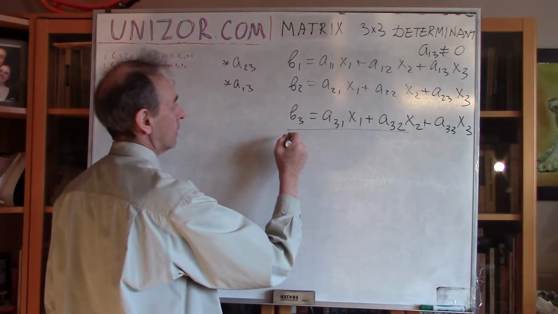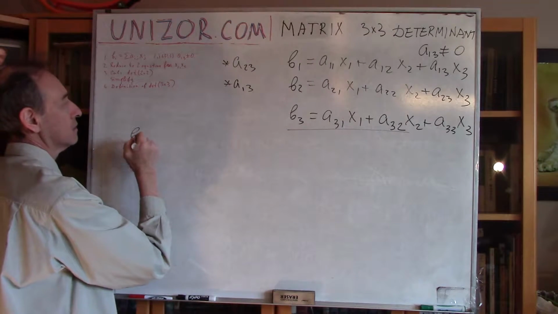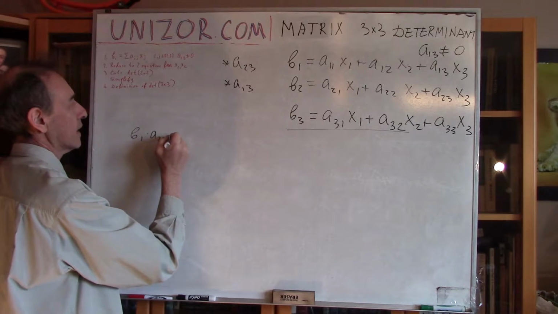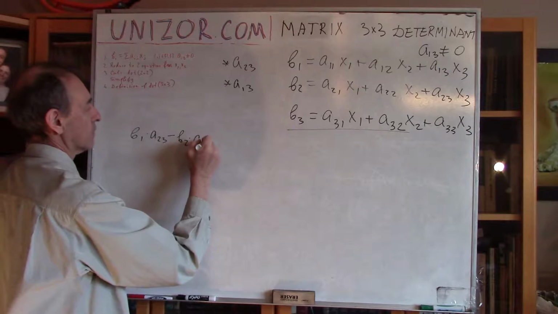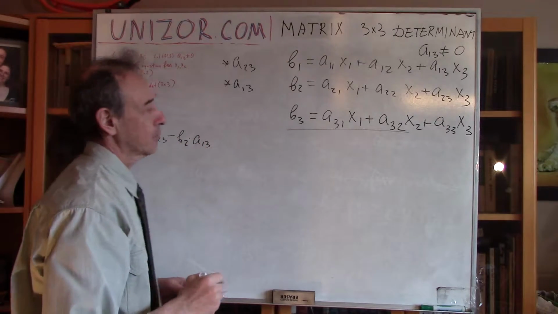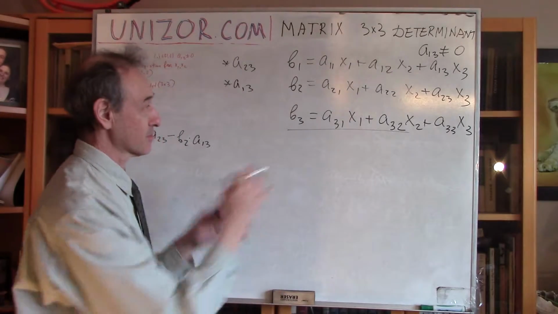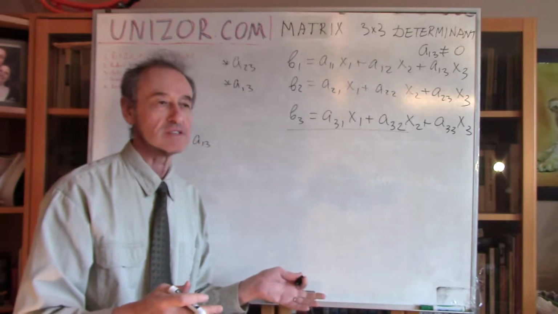Well, on the left, I will have b1 times a23 minus b2 times a13. My most important problem right now is not to make any mistakes, because there are a lot of calculations here which are kind of tedious.